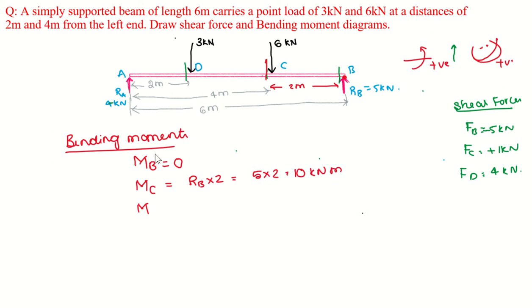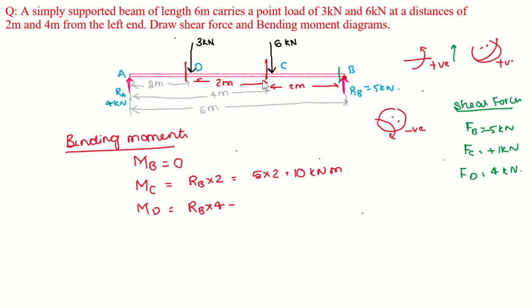If you find the bending moment at D, again this is RB into distance up to D, so this is also 2 meters, 2 plus 2, 4 meters, RB into 4. And this downward force and this distance together are causing the beam to bend like this, which is a clockwise moment or hogging, negative bending moment.